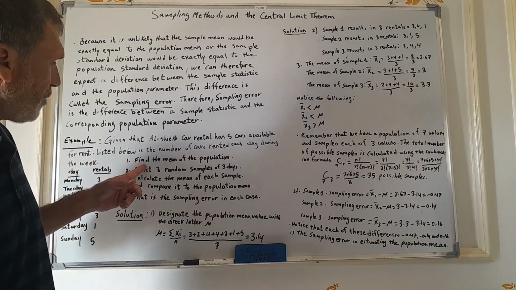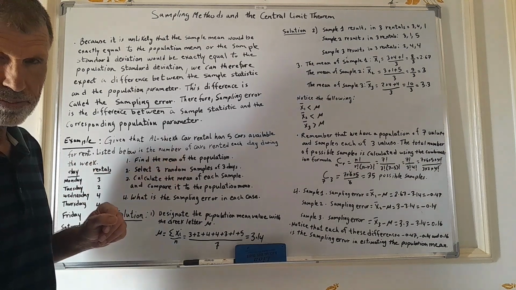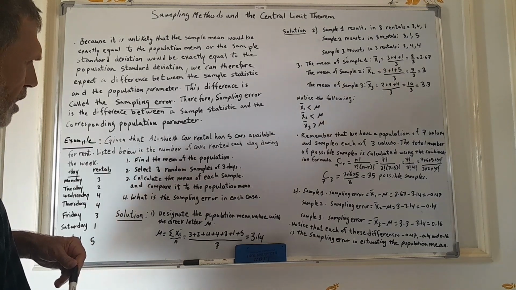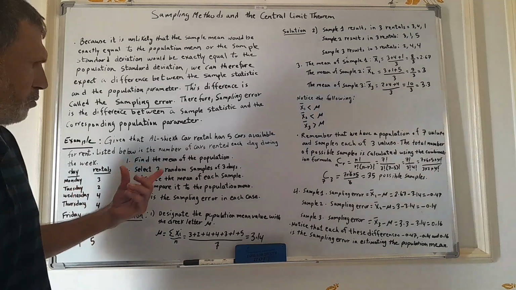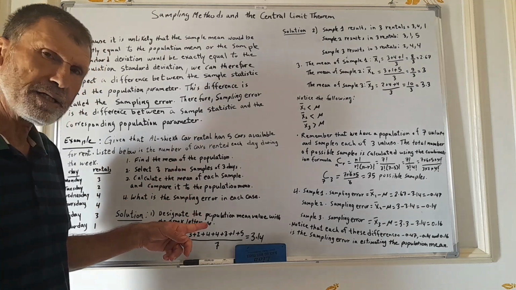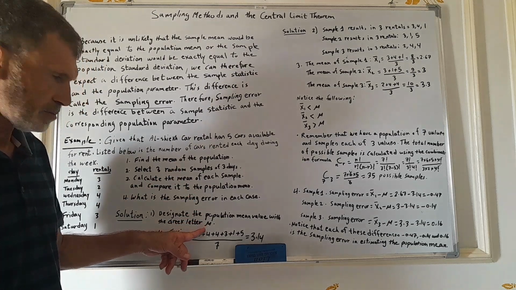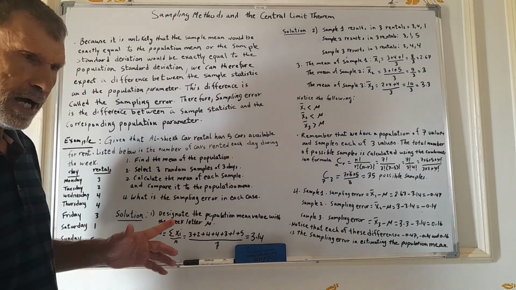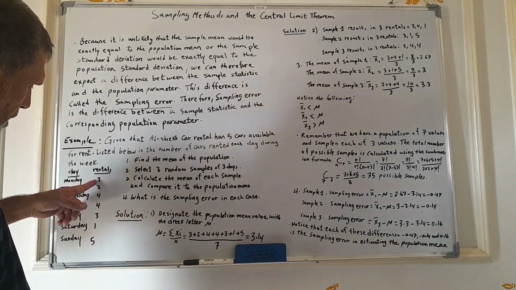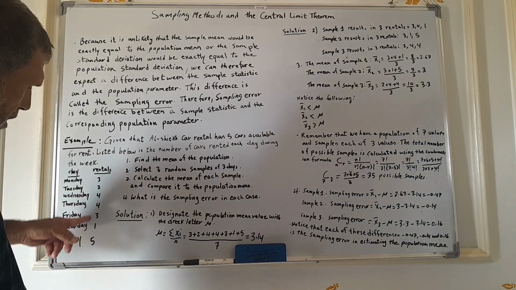The first question: find the mean of the population. Now, as you can see, first of all, we're going to represent the mean of the population by the Greek letter mu, like this. Now, how many rentals during the week? We just add all of them during the week.